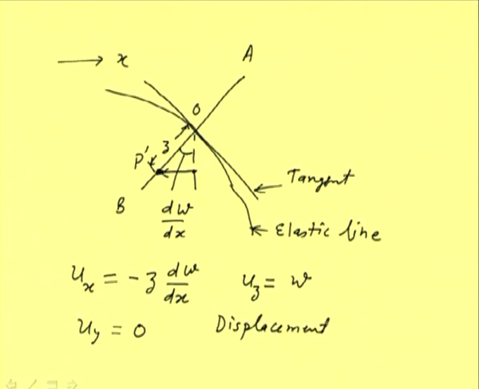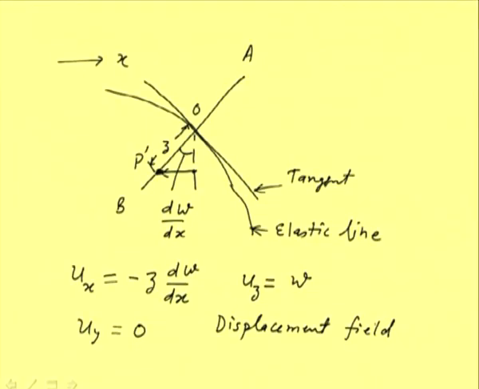This is a displacement field, and once we have the displacement field, we can obtain the strain and stress, and then we can obtain the strain energy, kinetic energy, and work done onto the beam, and that will be useful for developing the equation of motion of the beam.